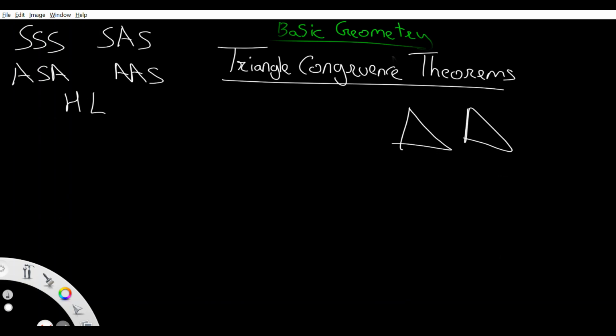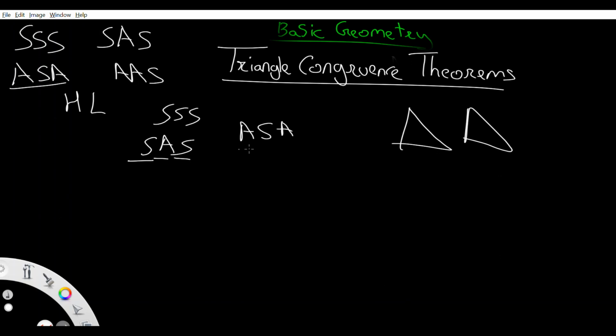The first one is SSS, which means side, side, side. The second one is SAS, side, angle, side. The third one is ASA, angle, side, angle, which means one angle, one side, and another angle.